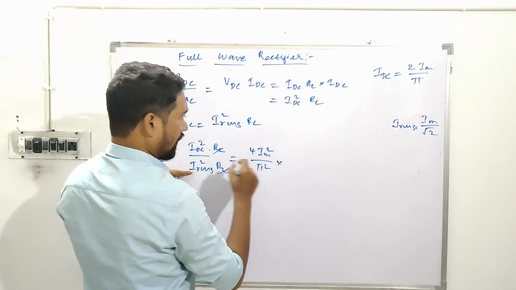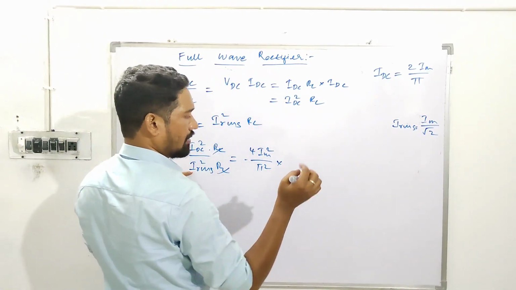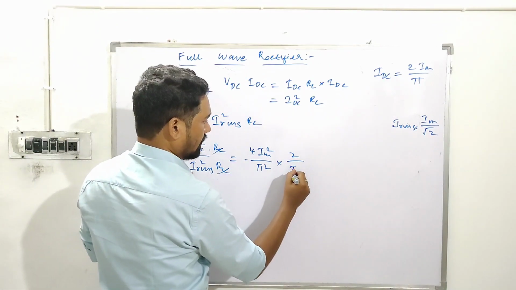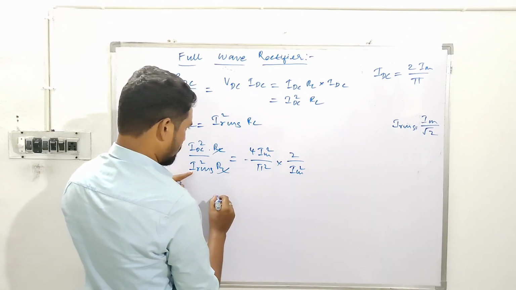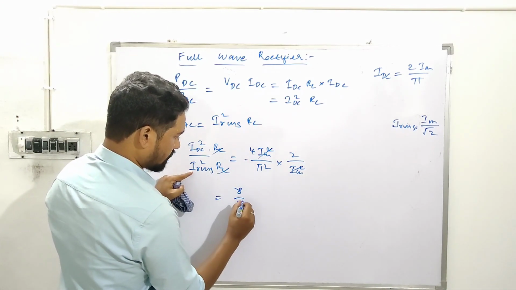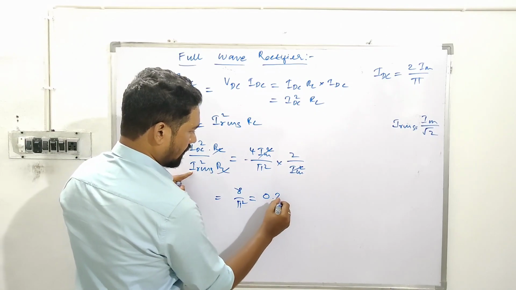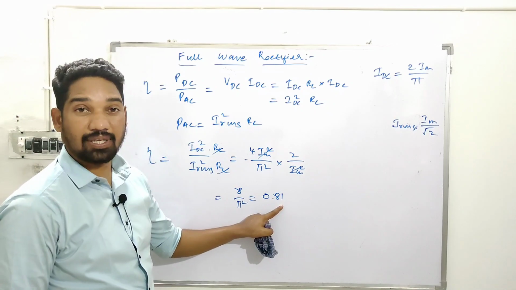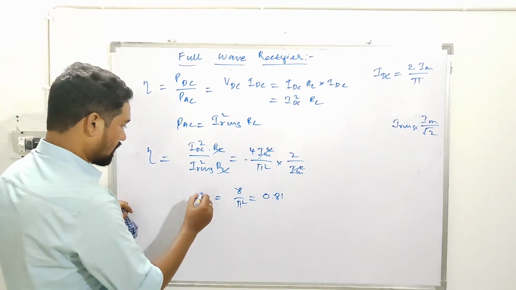Something gets cancelled here, and it's 8 by pi squared. It should be 0.81 something like that in your calculators. So this is for the efficiency.